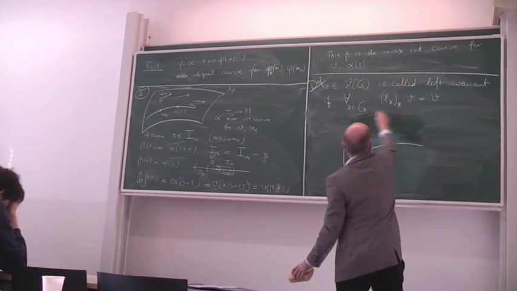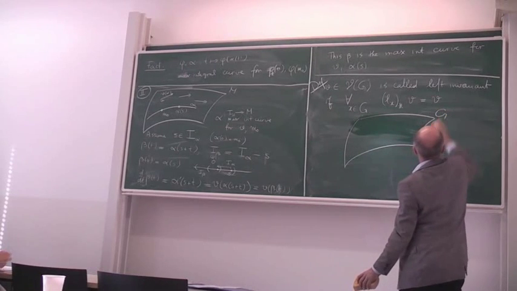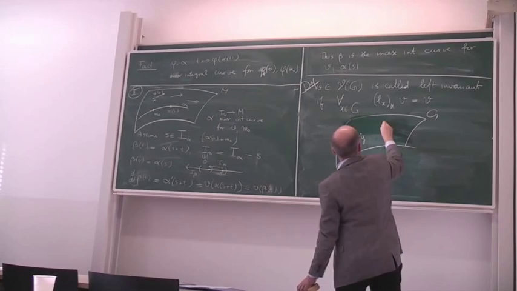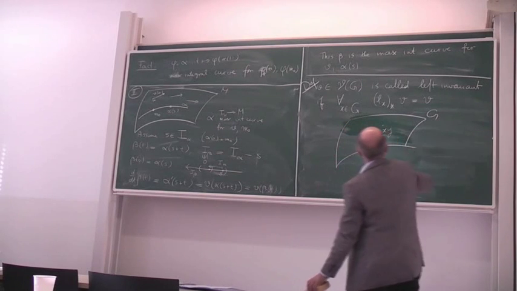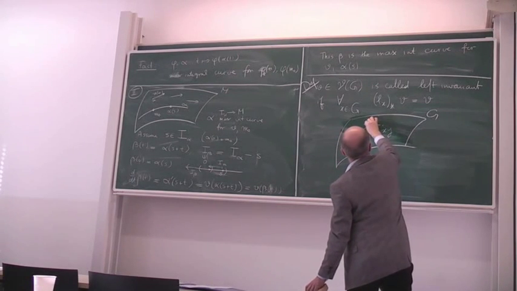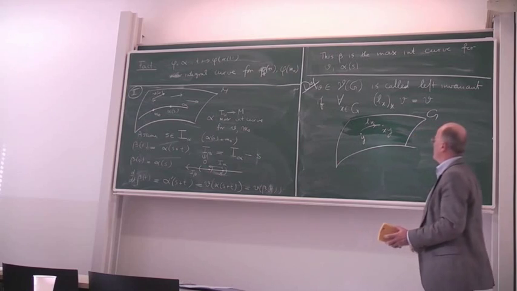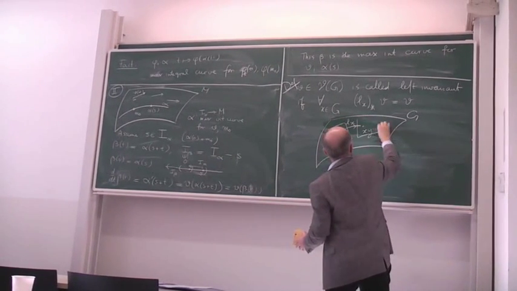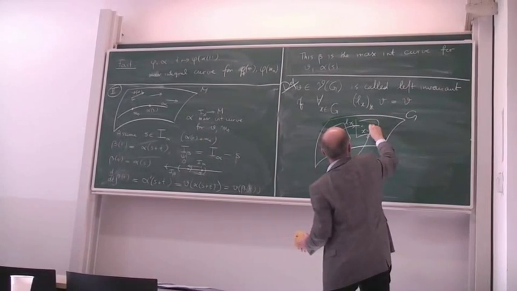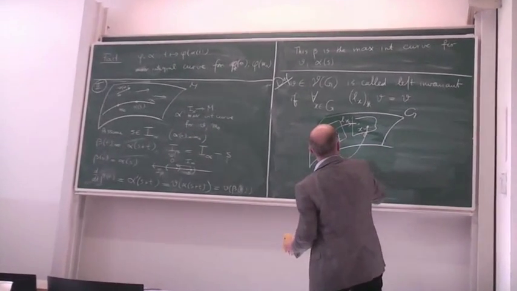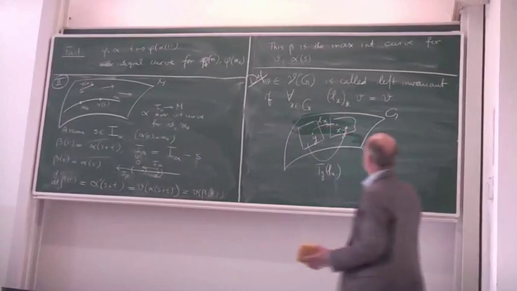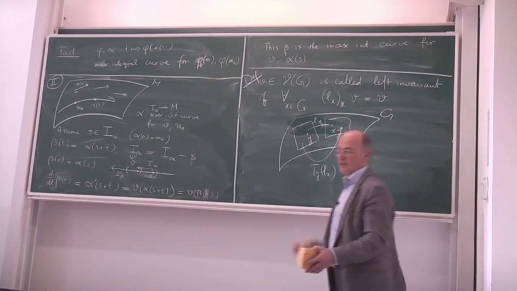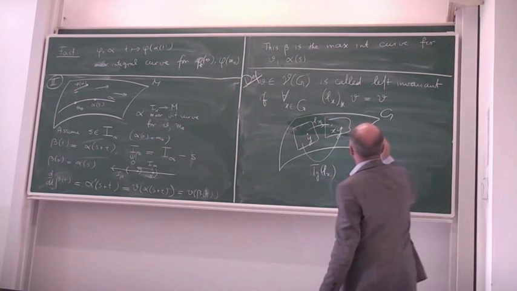So we have our Lie group G. And now suppose that we have a point y and we have a point xy. Then the two are connected by left translation. The tangent spaces are connected by the tangent map at y of this left translation. And now what I want is that the vectors are also connected.